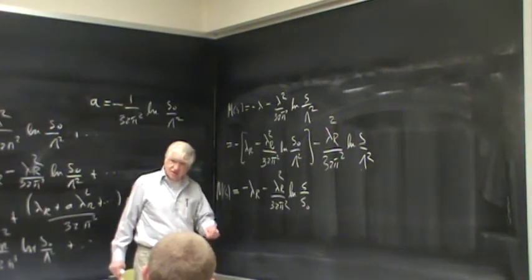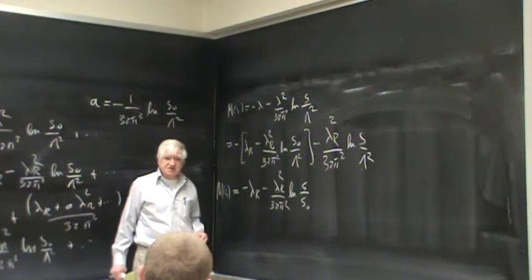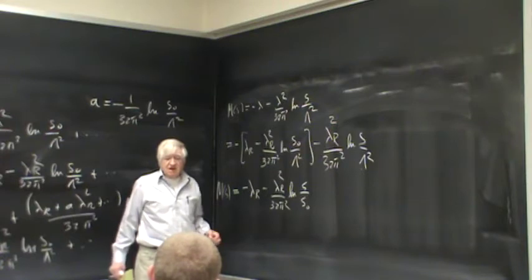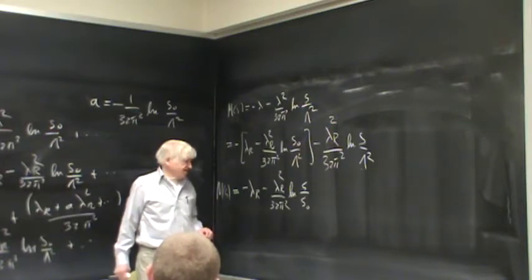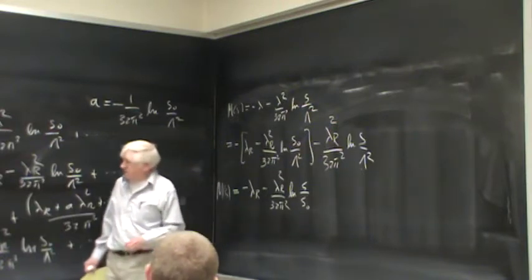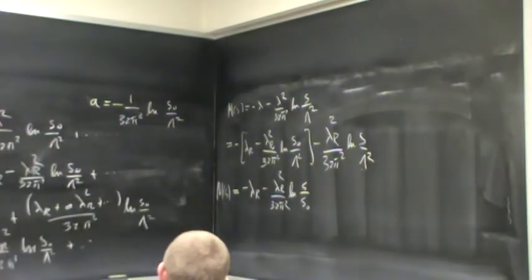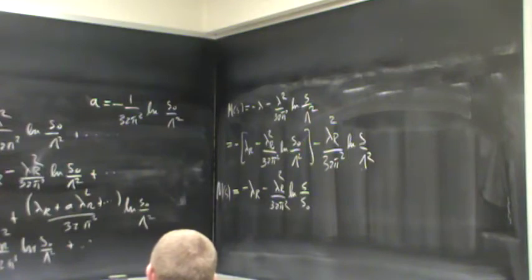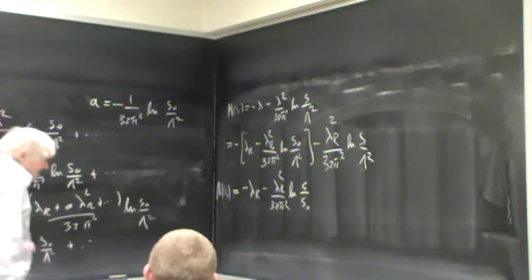I mean, it'd be nice to know what's going on at very, very short distances. But at the moment we don't know. Well, there are people who think they know, and they may be right.